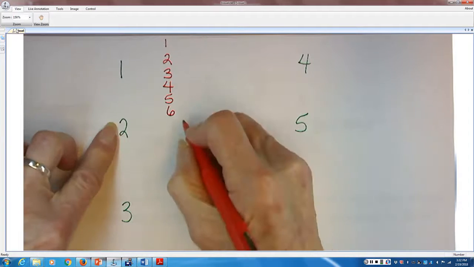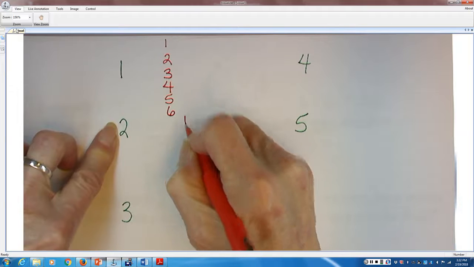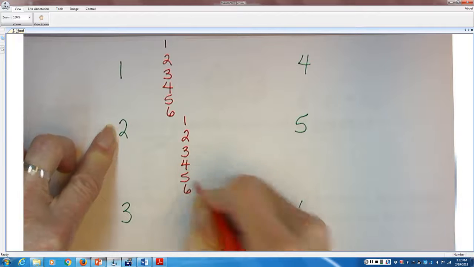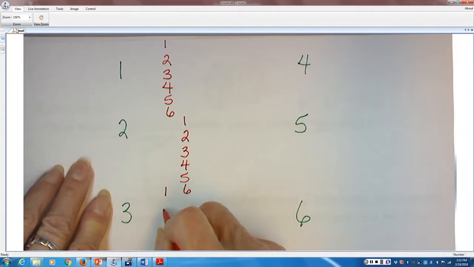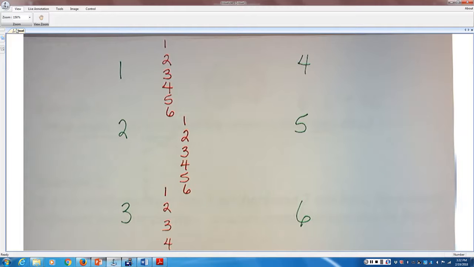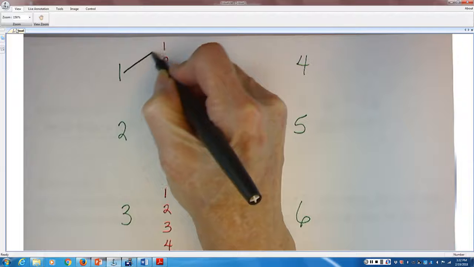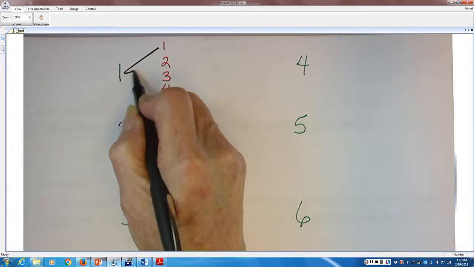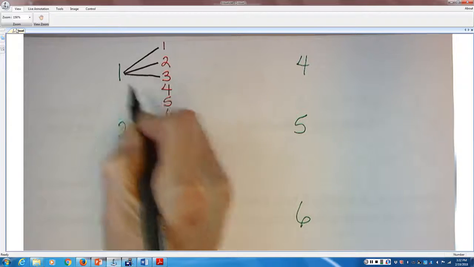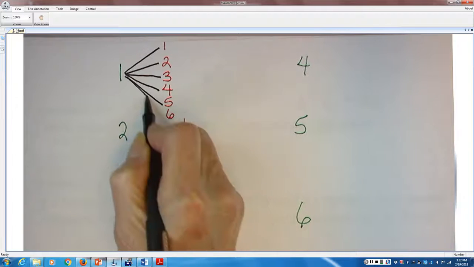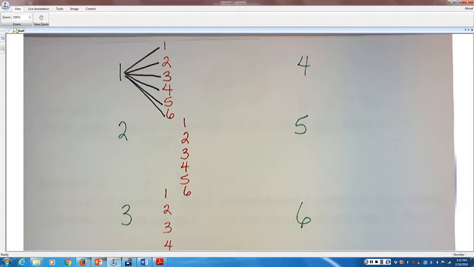But the same thing can happen with the 2. And it can happen with the 3. So while 1, 1 looks like 1, 1 no matter what, 1, 2, 1, 3, 1, 4, 1, 5, and 1, 6 is my first 6 outcomes.